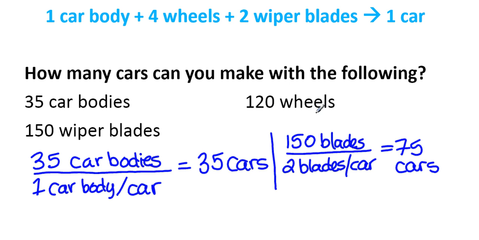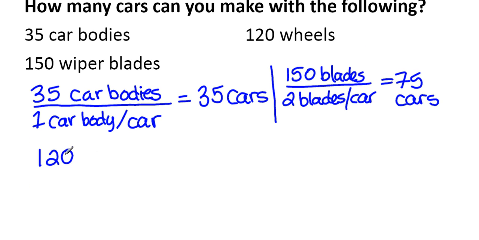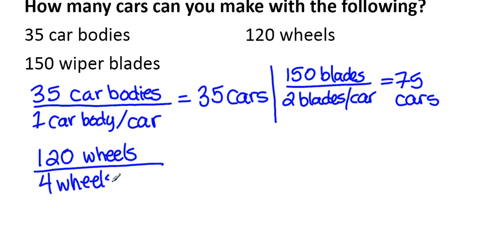Let's check those wheels. So 120 wheels. And we know you need 4 wheels per car. So 120 divided by 4 gives you 30 cars.